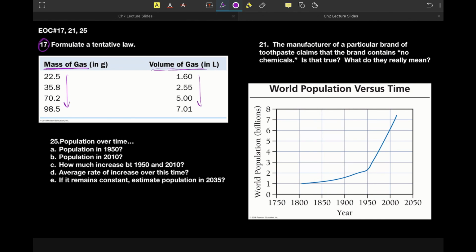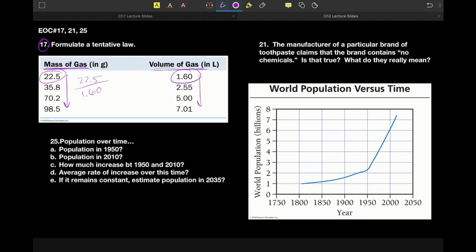Now, your book goes on to talk about how creativity is necessary. When they say creativity, really they mean the ability to thoughtfully analyze the data in front of you. So actually, if we analyze this a little bit more thoughtfully, what might we check? We would figure out what this ratio might be. If I take 22.5 over 1.6, what do I get?